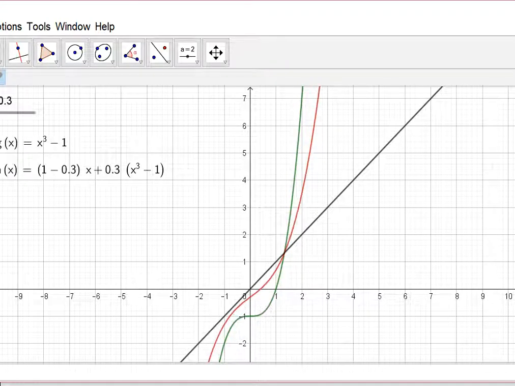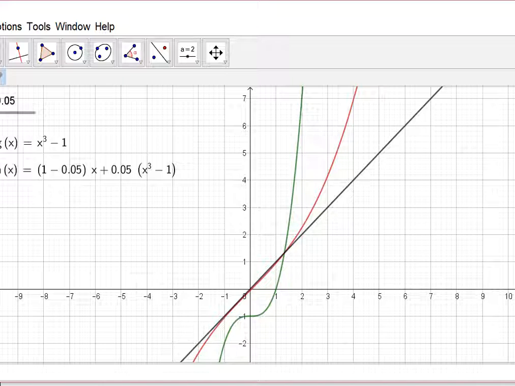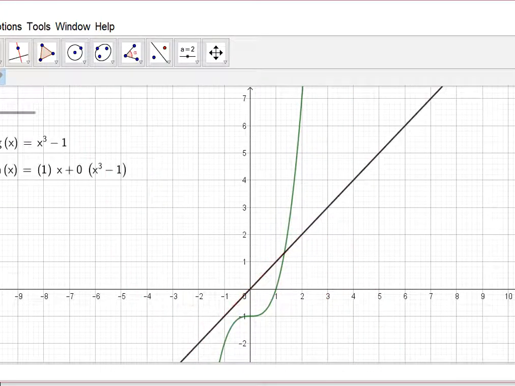So the two graphs are the same, and if we make lambda smaller, we can see h of x emerging, and as we make it smaller still, we see that the gradient is reducing at the point of intersection, and then when we get down to lambda equals 0, that means that h of x equals x.